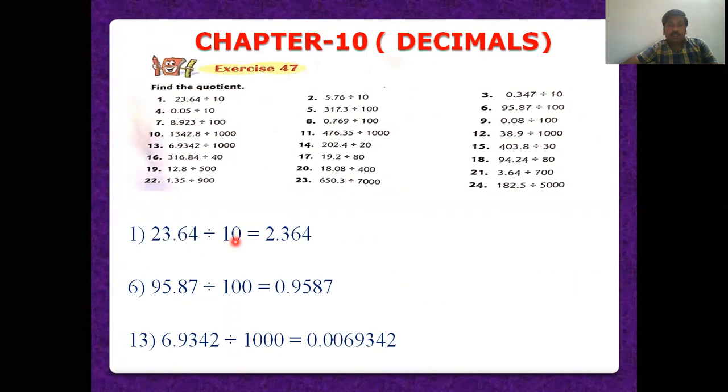You can divide this number, 23.64, by 10 in a simple manner. How can you divide it? This type of rule will be applicable for 100, 1000, etc. Now, here we see the number of digits after the decimal place in this number. There are only 2 digits.